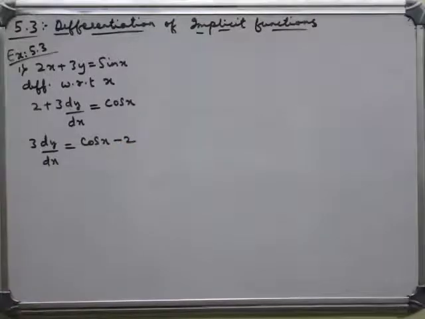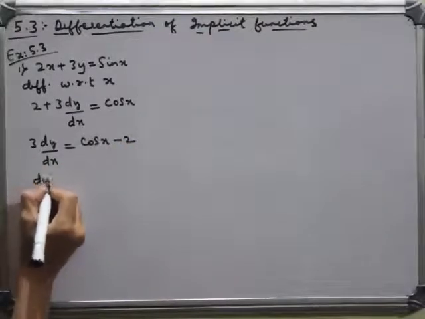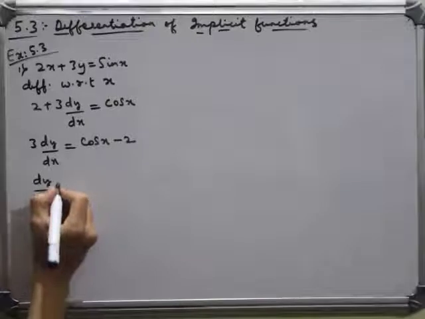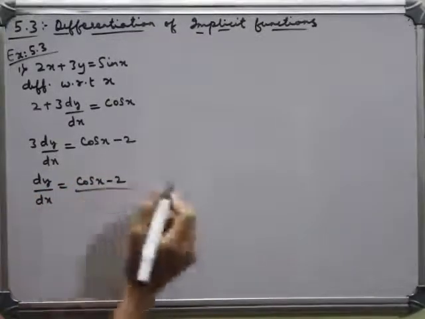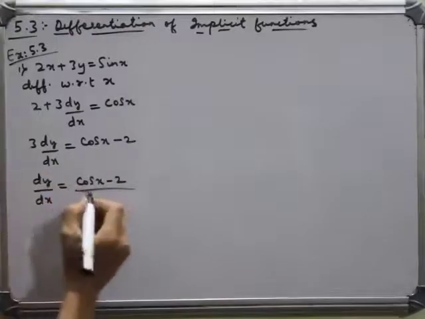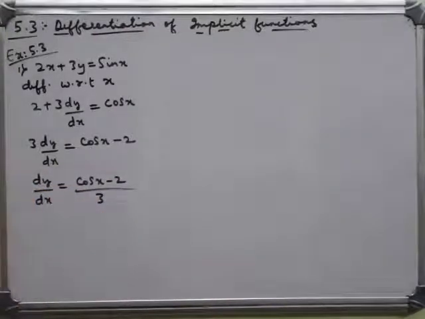So finally we can find dy by dx here. Dy by dx is equal to cos x minus 2 divided by this 3 will come to denominator. So this is your final answer. This is the derivative of 2x plus 3y is equal to sin x. Okay. Now let us move on. Second question.